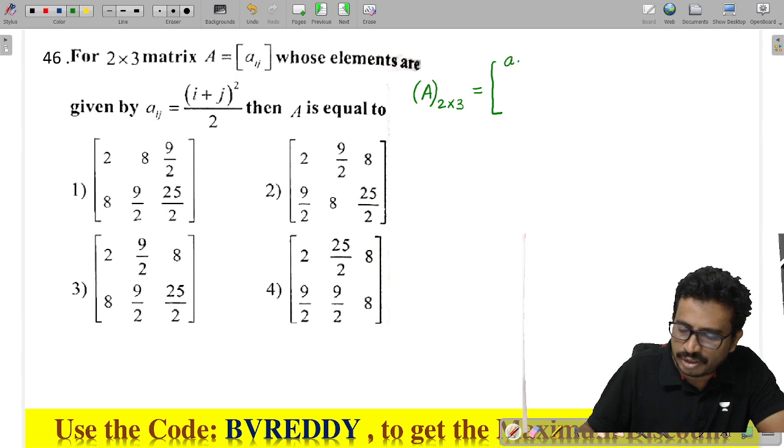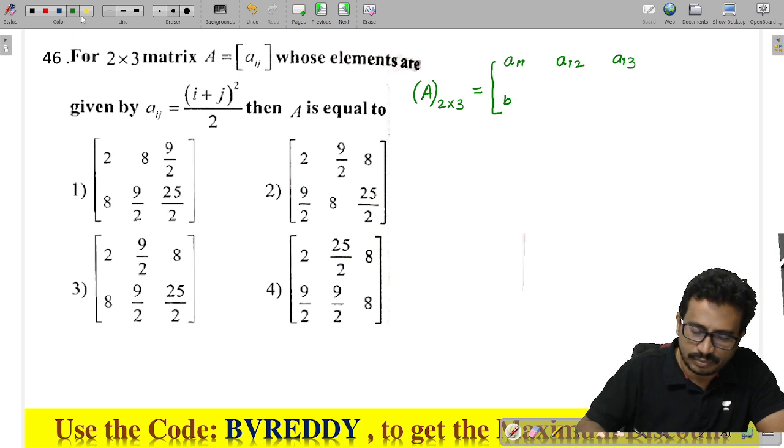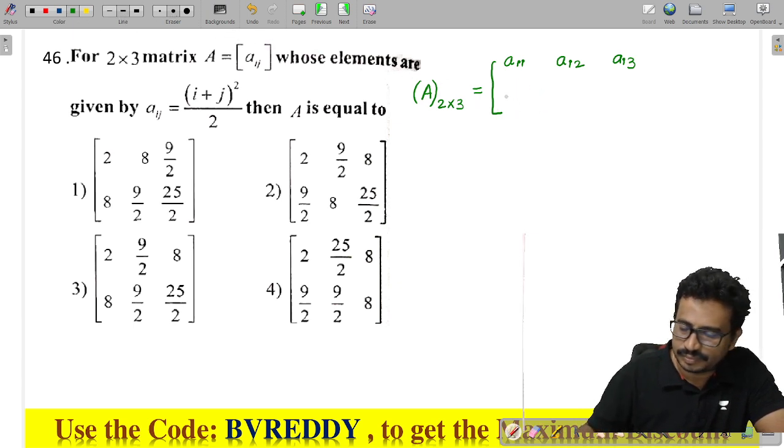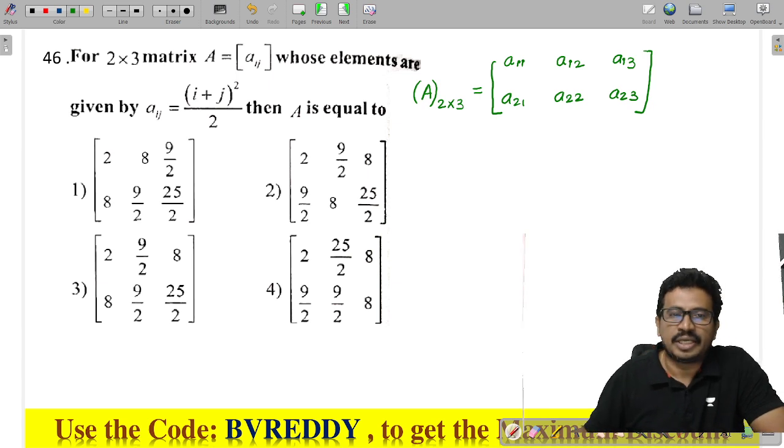The first element is A11, A12, A13, and the next elements are A21, A22, A23, a rectangular matrix.